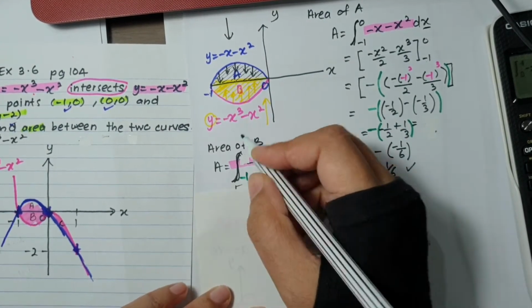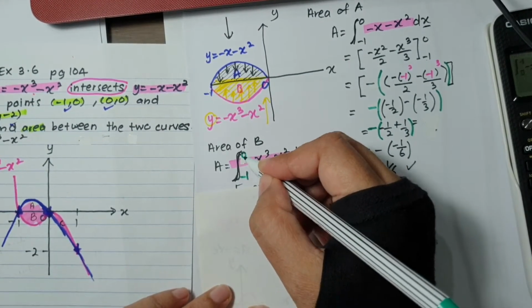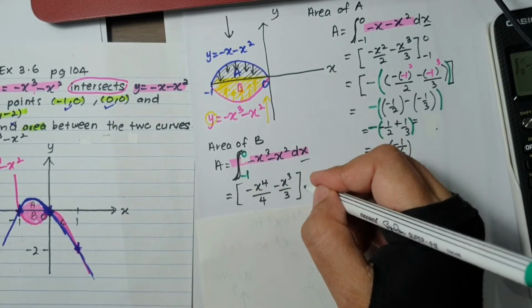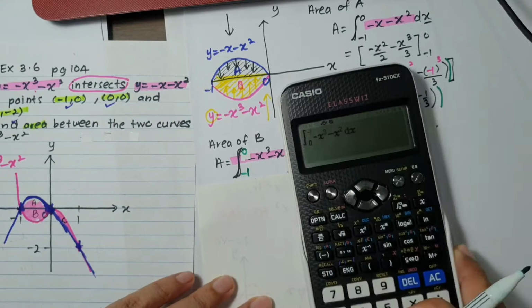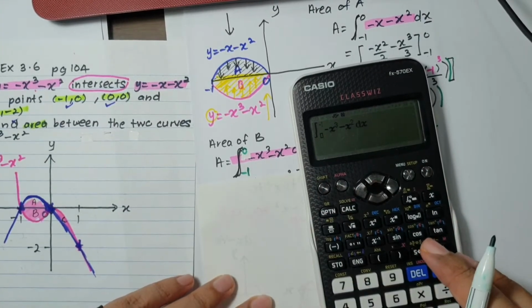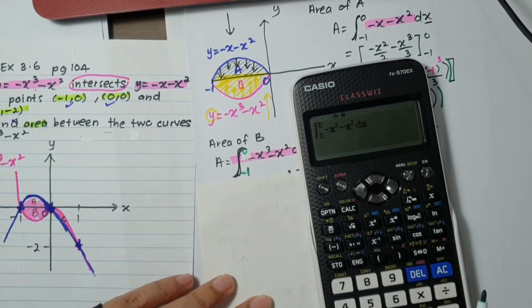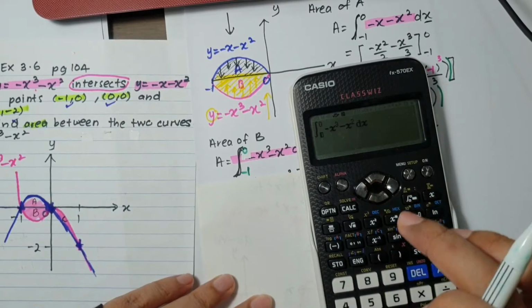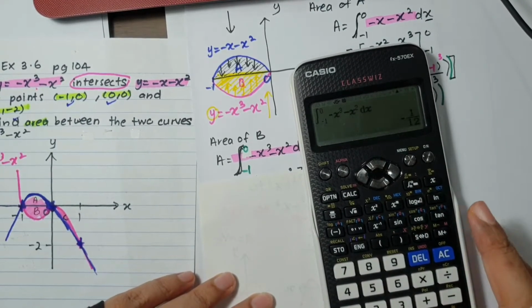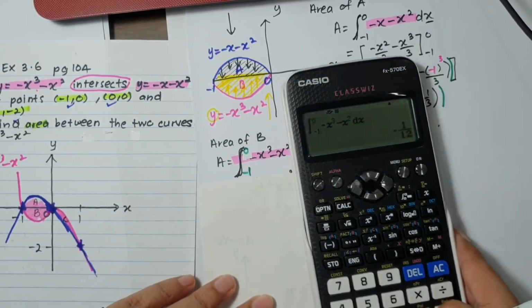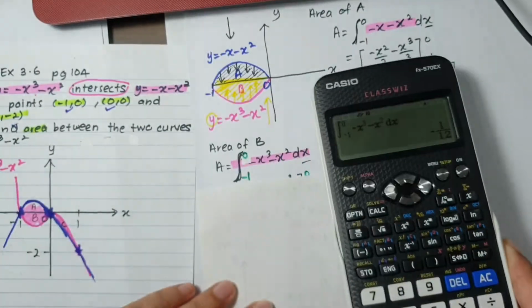Smaller value here, and 0 here. So you have -1, 0. Okay, so you can check, use your calculator, key in this function and then put in the limit. The upper limit is 0 and then the lower limit is -1. Then press equal. You will get, you see, your answer is -1/12.